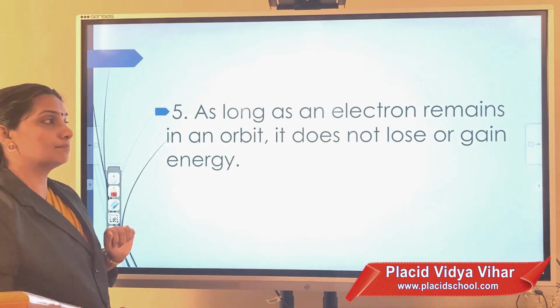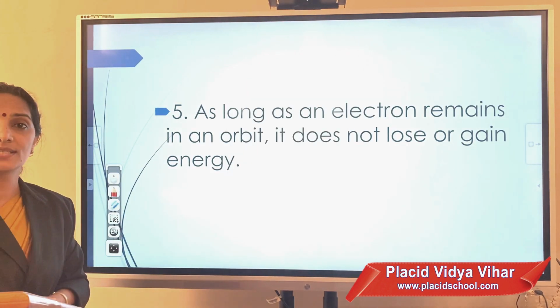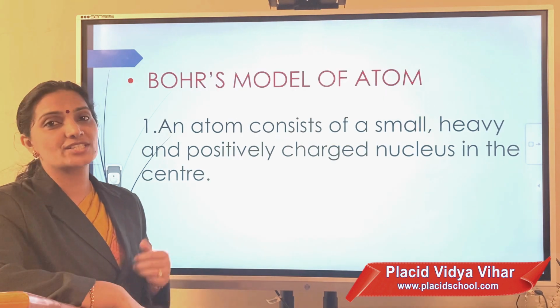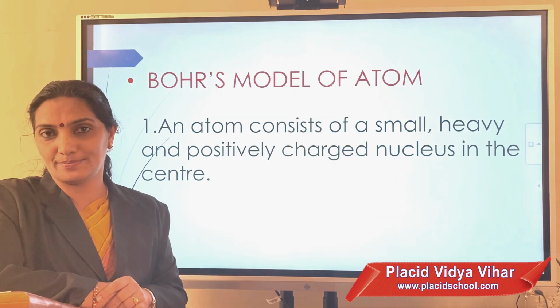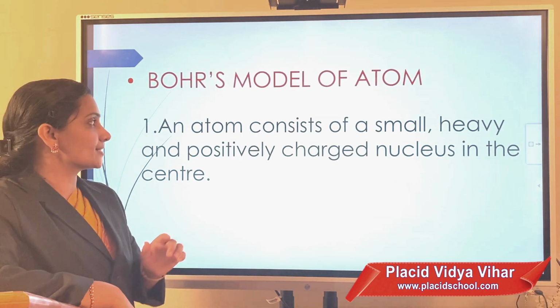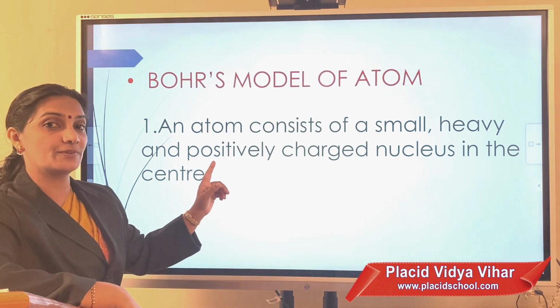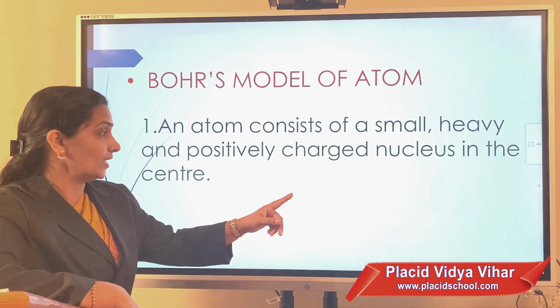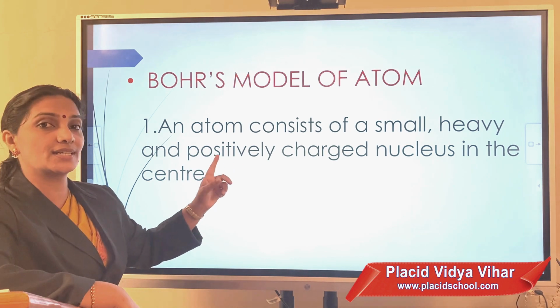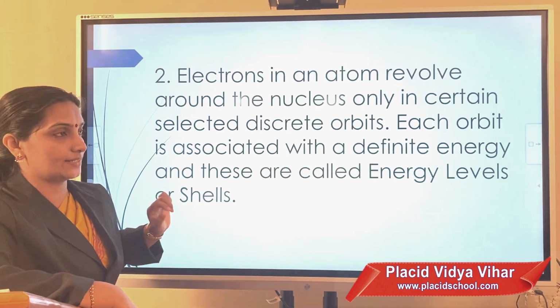These are the important points of Bohr's atom model. Let's rewind the postulates of Bohr's atom model. The first point is an atom consists of a small, heavy and positively charged nucleus in the center.